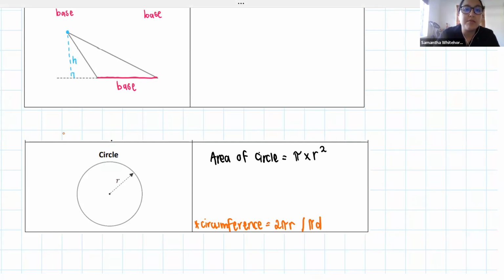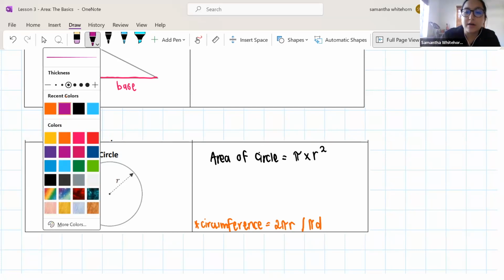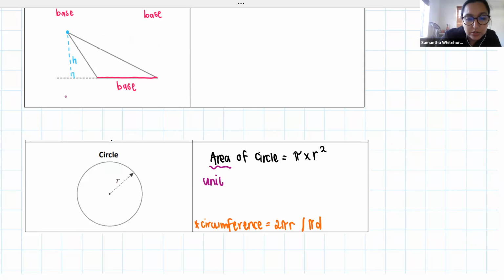And the way I remember how to tell them apart is the fact that area is units squared, and this formula has r squared. Because it's got the r squared and we're talking about area, which is units squared, that's how I remember that pi r squared is my area formula.